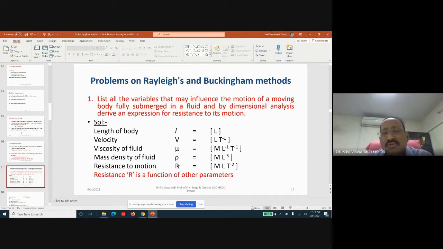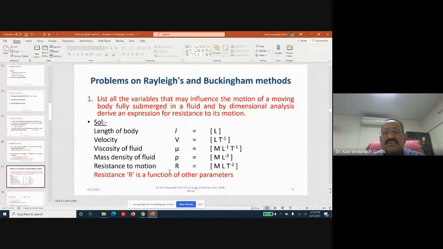And resistance to the motion, something like force. So this will be force, dimension formula mass into acceleration, M L T to the power minus 2. Now we have arrived at the dimensions of all these variables. R is a dependent quantity and L, V, mu, rho are the independent variables.